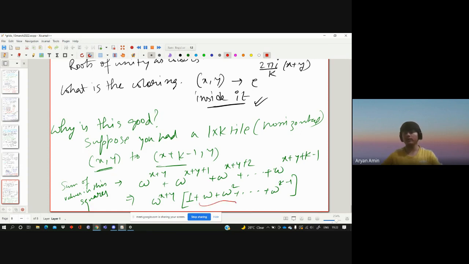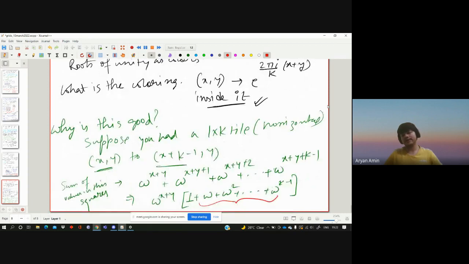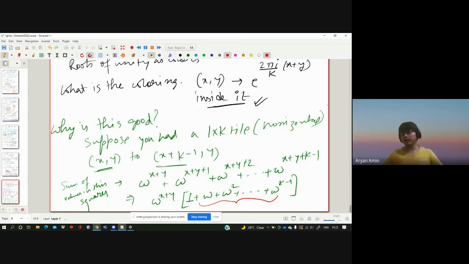Can someone tell me what this value is, given that omega was defined as e to the power 2 pi i over k, such that omega to the power k is 1? It should be 0, right? Why is this true? Because this value is equal to omega to the power k minus 1 divided by omega minus 1, and the numerator is 0.